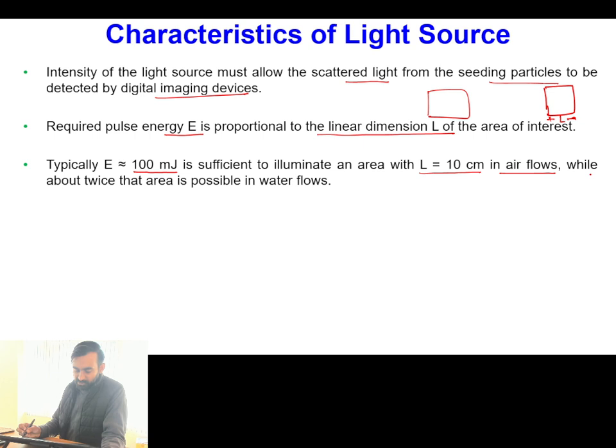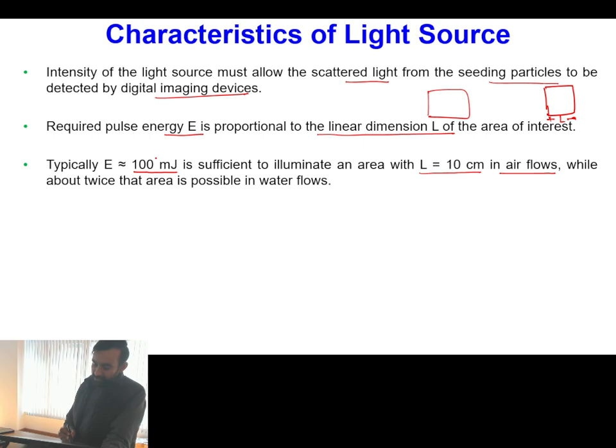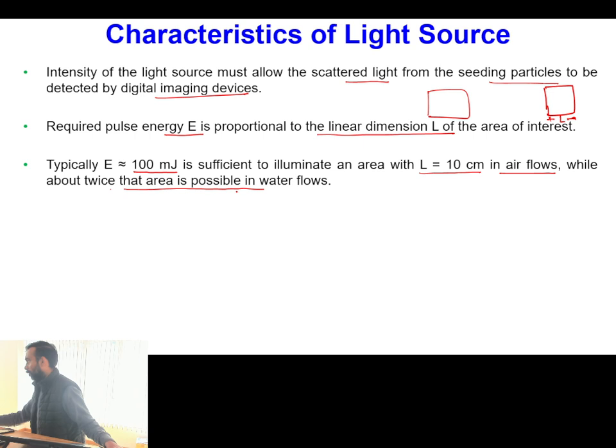But if we use the same laser energy in water, then an area almost twice the frame size will be possible for water. Why? You can clearly see, if some particle is present in air and you impose light on that, and on the other hand, if you have a particle in water and you impose light on that, which one will be giving brighter intensity?